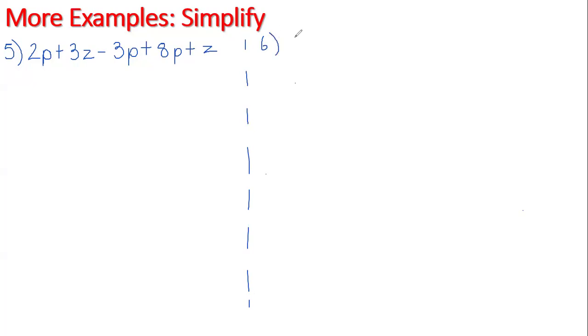Let's say we have 7h plus 4m minus 8h plus 2h plus 3m.